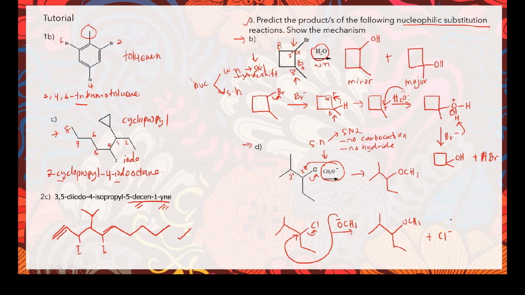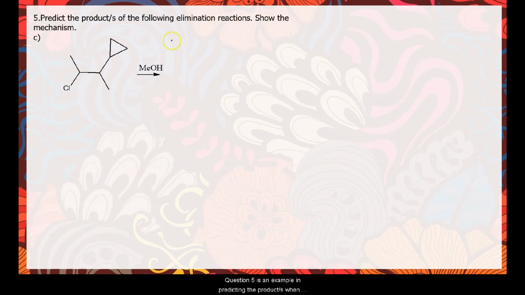Question 5 is an example in predicting the product or products when a haloalkane goes through an elimination reaction. Same as the previous question, you must identify the type of nucleophile used in the reaction, since it will affect the type of reaction, either E1 or E2.